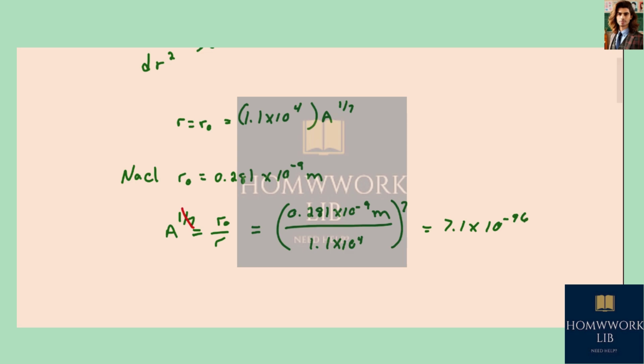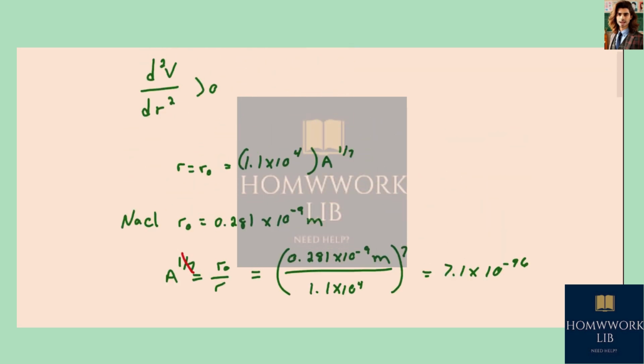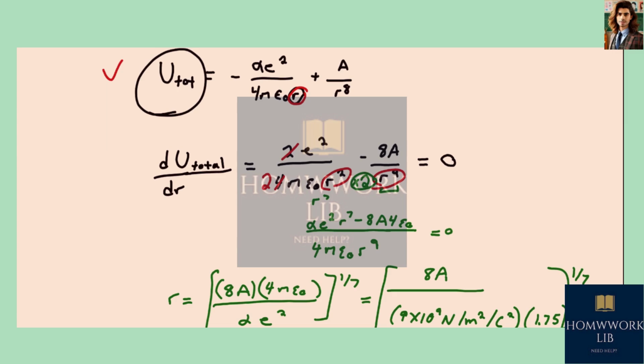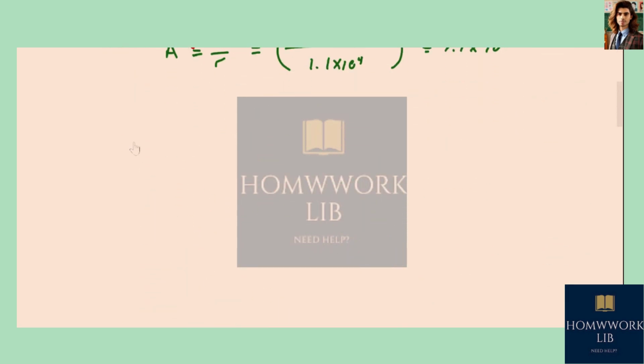Okay, so now what we can do is go back up to our original. Now we know all the values. So since we know all the values, what I'm going to do is rewrite down here one part at a time, and then we'll just add them together. We have the 4 pi epsilon naught r.